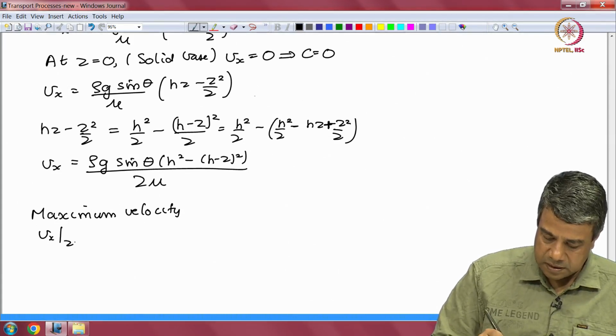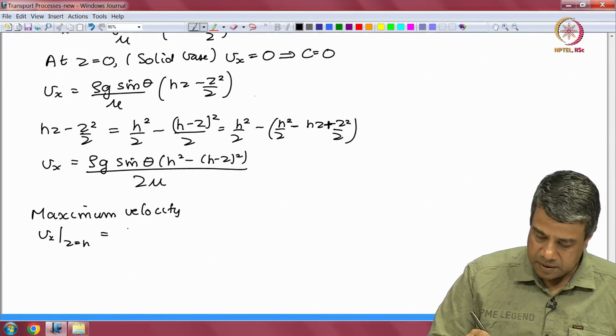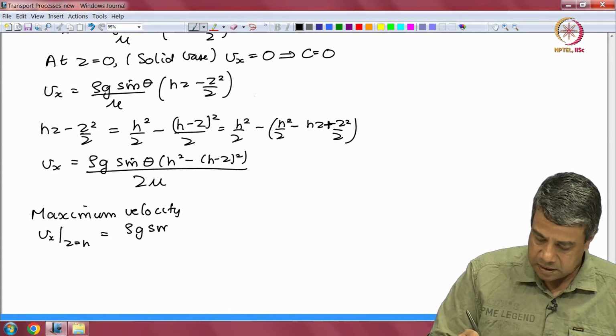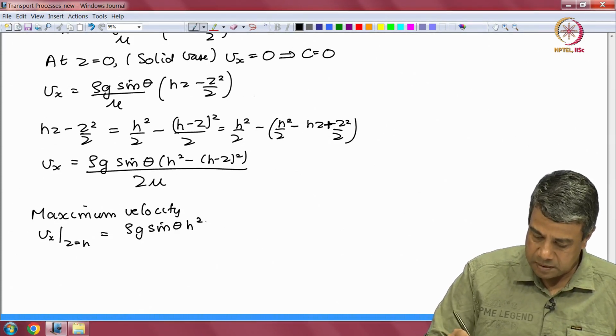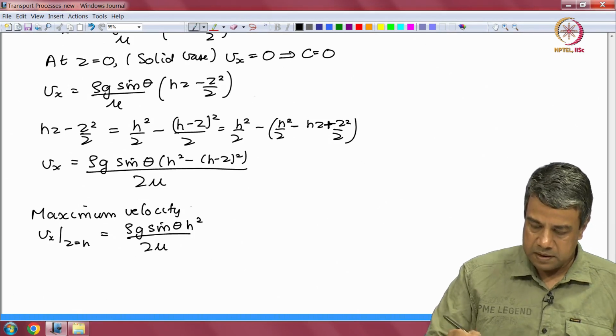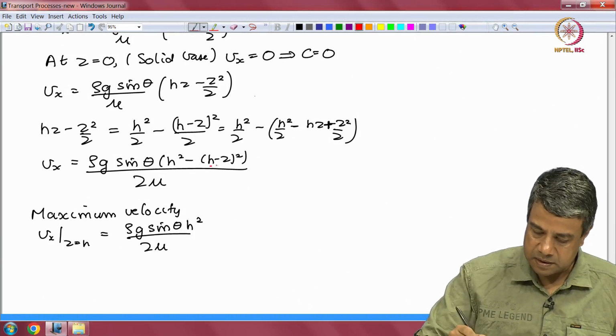Vx at z is equal to h is going to be equal to rho g sin theta h square by 2 mu, because at z is equal to h this term is equal to 0.